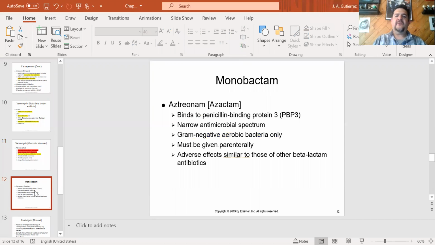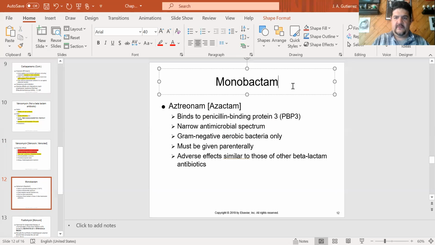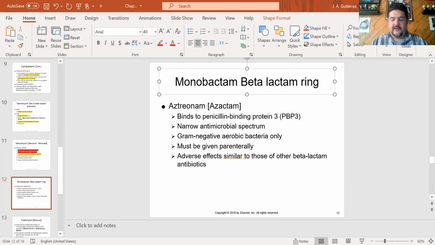Okay, now let's go to the next one. This is the Monobactam family. This one also has beta-lactam. So it belongs to the same family as penicillins, cephalosporins, and carbapenems. So they belong to the same family and they work the same.